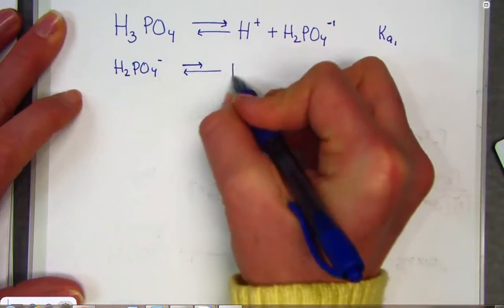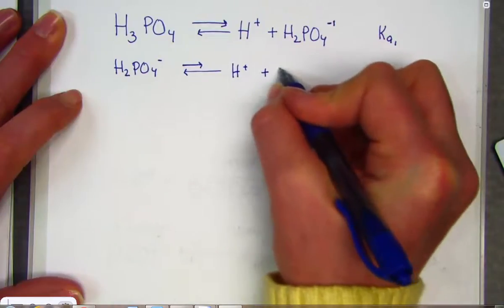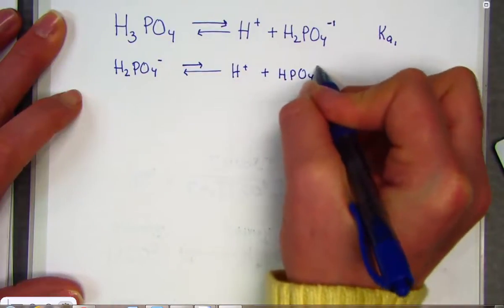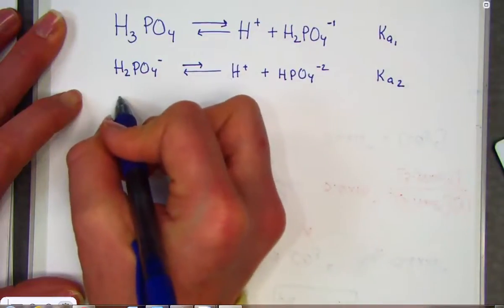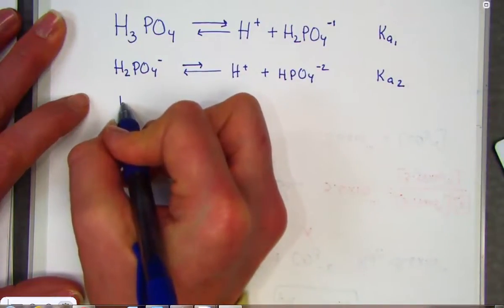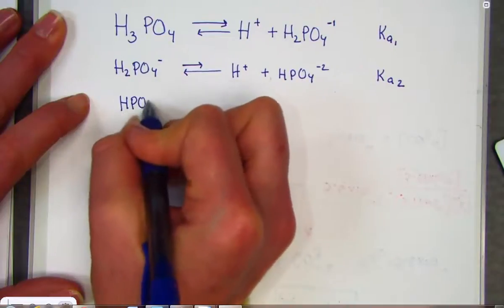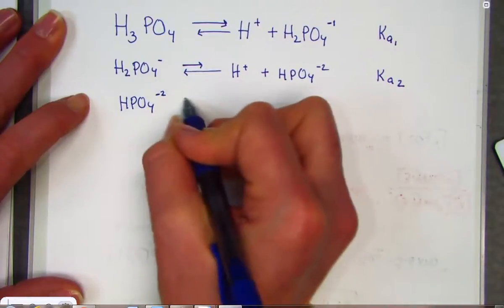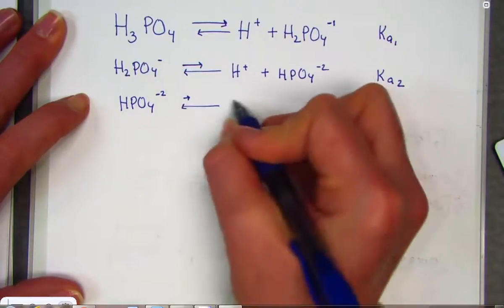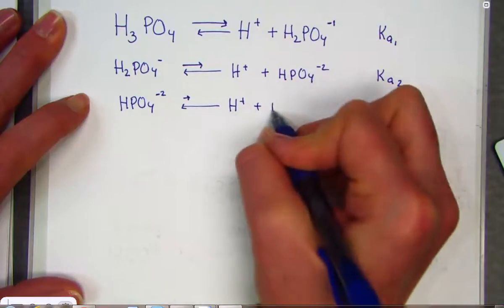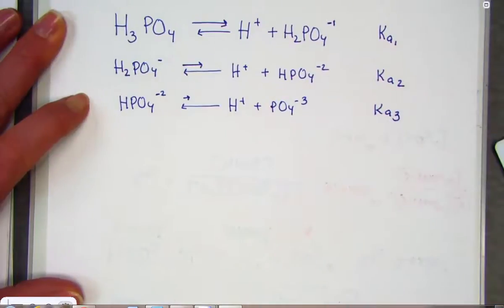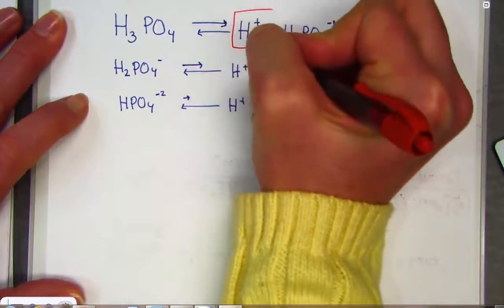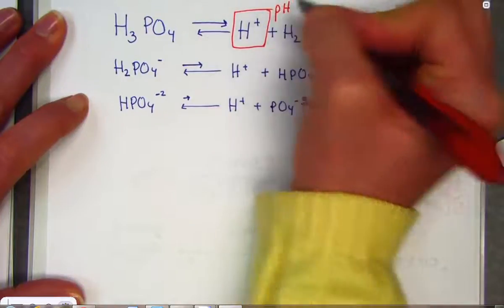A little bit more difficult and reminding us of the magnitude here. This is Ka2. And if indeed we want to take off that next proton, HPO4 negative 2, very difficult, H plus and PO4 negative 3 would represent the ionization of Ka3. The first ionization is used to calculate pH.